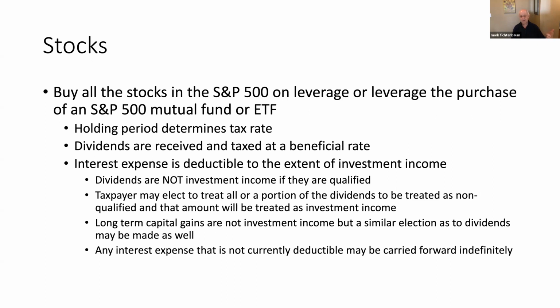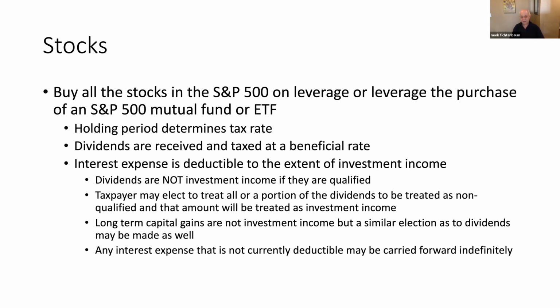Now, remember, if you buy all 500 stocks, some are going to have gains, some are going to have losses. They're not straddles, and you could start picking off the losses. You can start recognizing the losses to create short-term capital losses, offset them against capital gains that you have from other transactions.